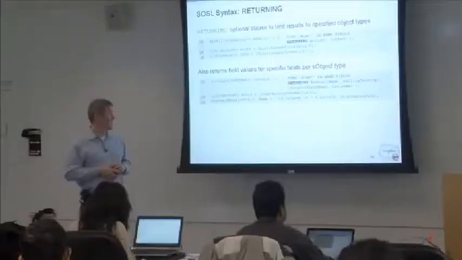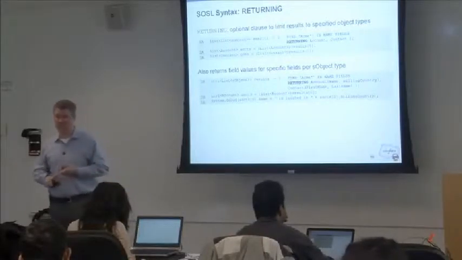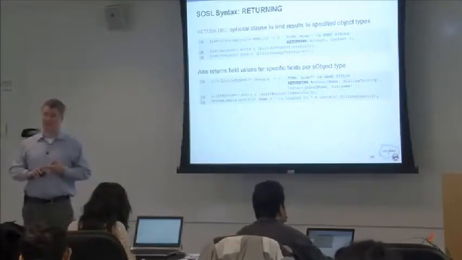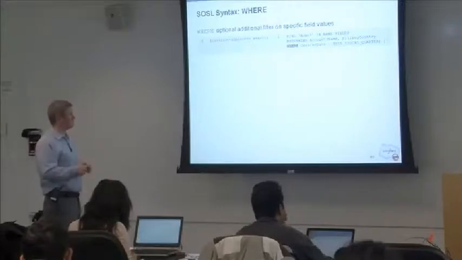In fact, you can't execute them from triggers for that reason. The assumption is that you have a custom web service, or a Visualforce controller, something along those lines that the user is interacting with explicitly in order to perform this search. So there's a maximum of 200 results that you'll get back from the SOSL search.